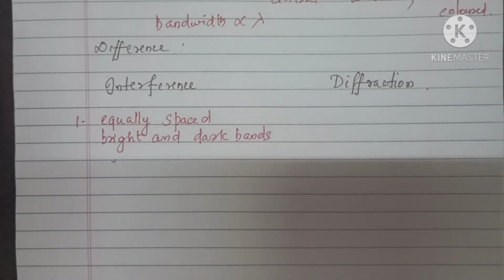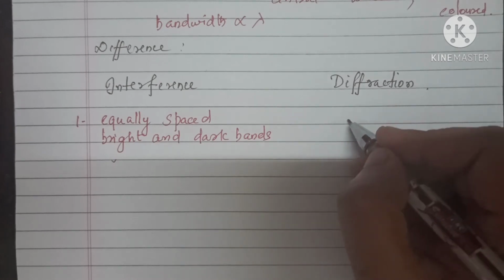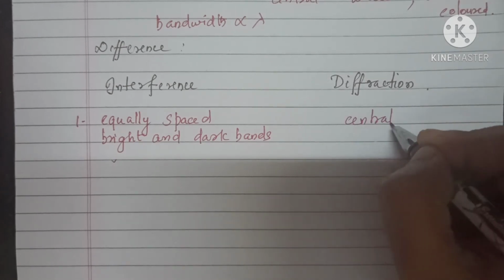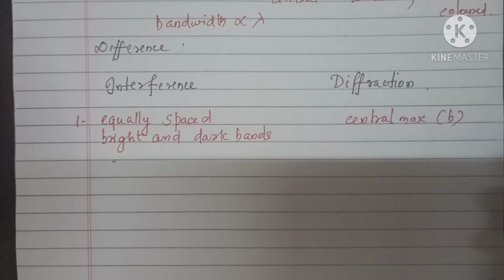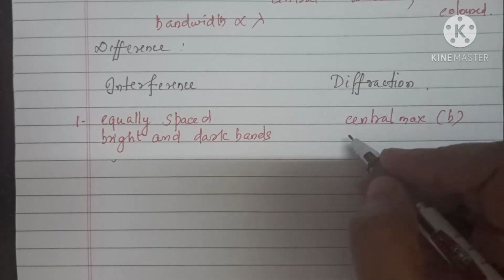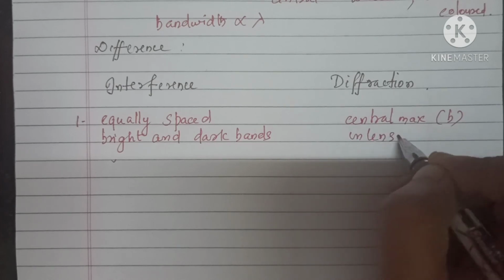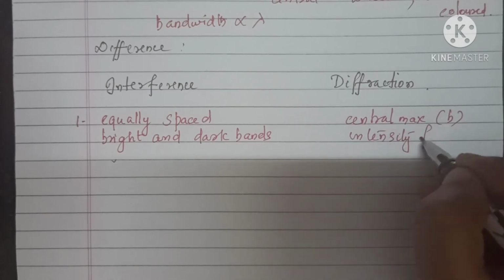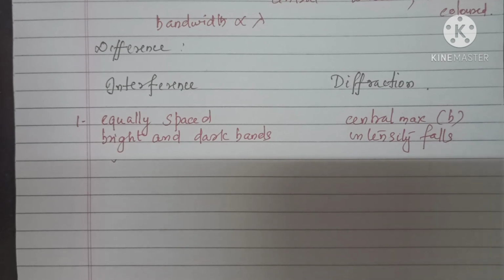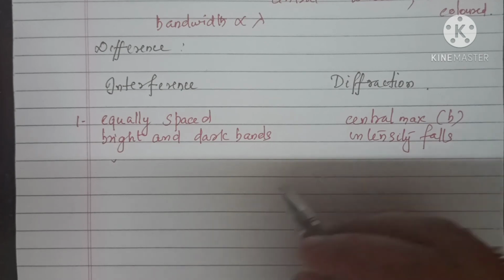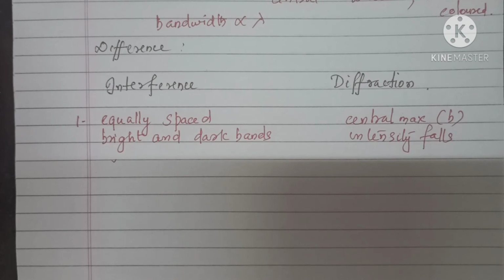While in the case of diffraction, you will get a central maximum which is bright, and then the intensity falls as we go to the successive minima or maxima away from the center on either side, isn't it? So this is the first point.